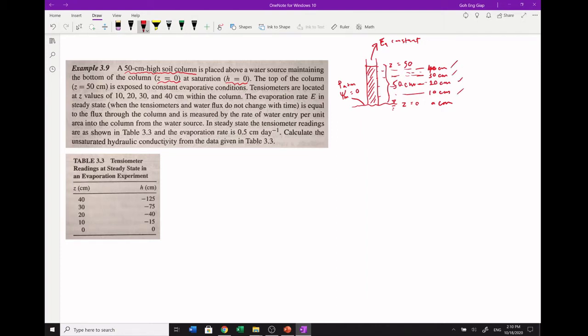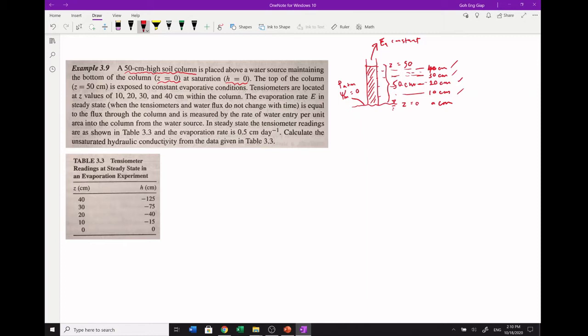The evaporation rate E in steady state, when the tensiometer readings and water flux do not change with time, is equal to the flux through the column and is measured by the rate of water entry per unit area into the column from the water source.